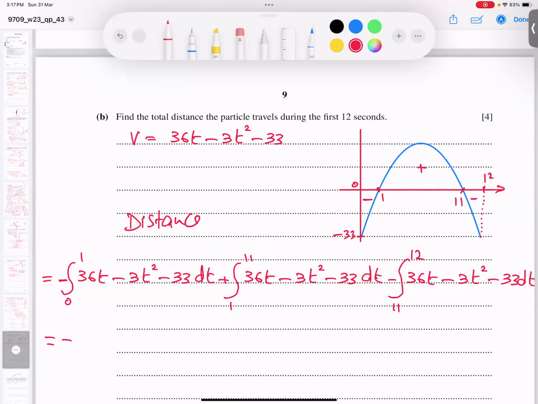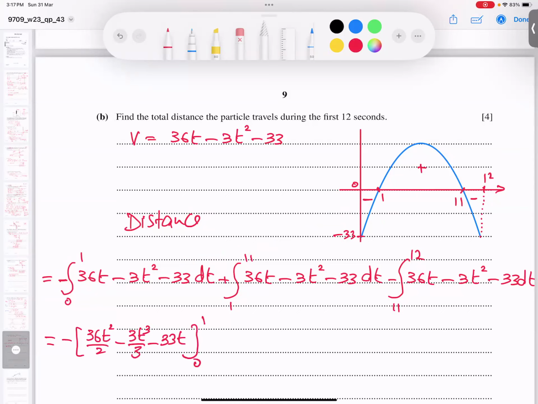So if I do this, what is the integration? 36t to power 2 by 2, here 3 increases to power 3, and 33t, from 0 to 1.